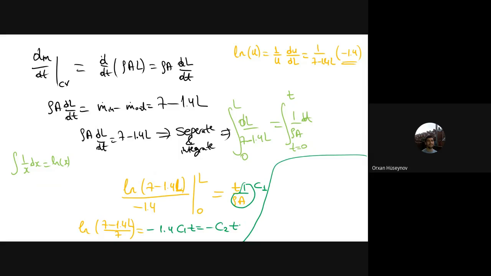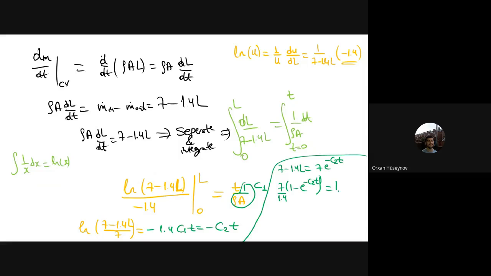And then finish it. If I exponentiate both sides, you will have that 7 minus 1.4L will be equal to 7 times the exponential of negative C2 into T. Then you will have 7 times 1 minus e to the negative C2 multiplied with T, and divide by 1.4.